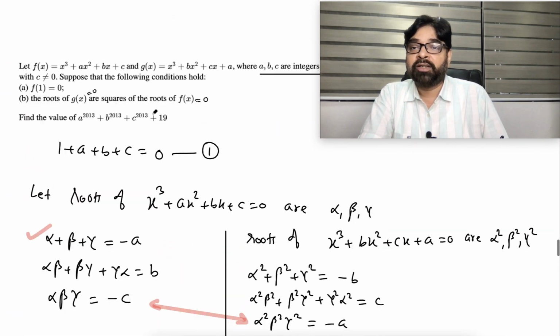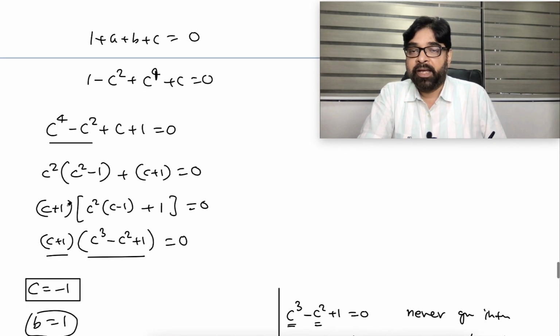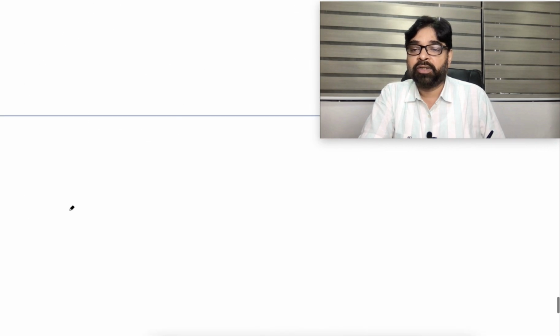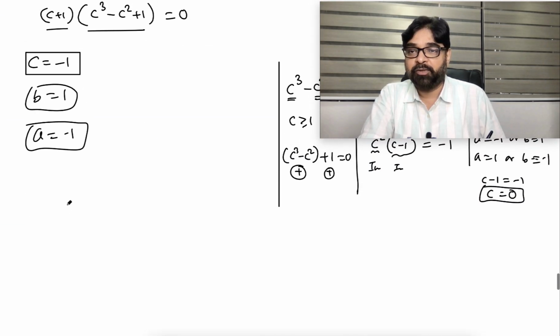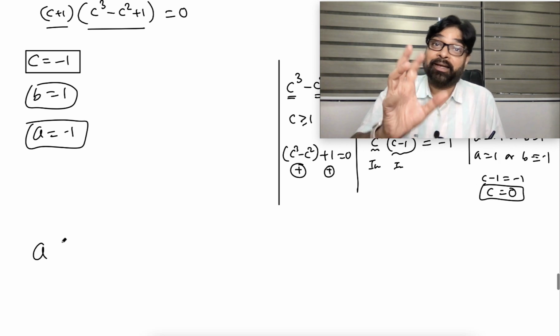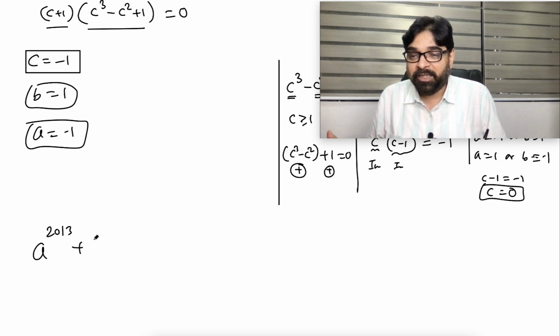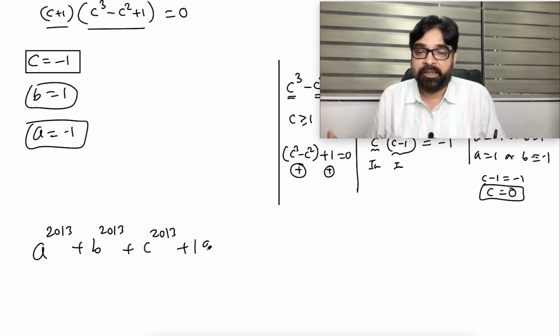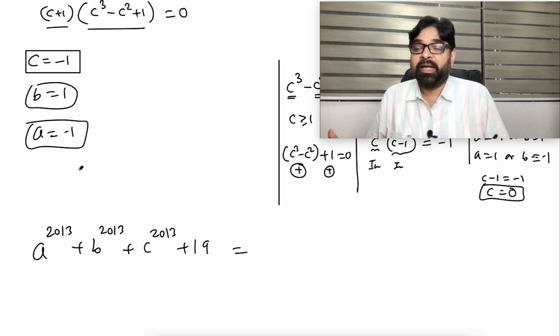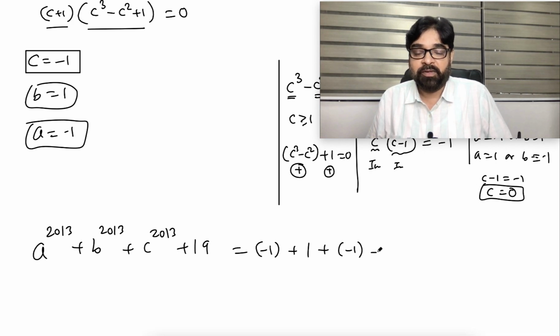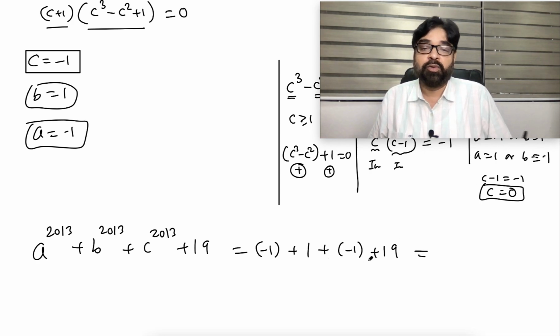So they ask you what? a power 2013 plus b power 2013 plus c power 2013 plus 19. They create questions something like that, they use that year. So a power 2013 is minus 1, plus b power 2013 is 1, plus c power 2013, this will again be minus 1, plus 19. So this value will be equal to 18. So your answer is 18.